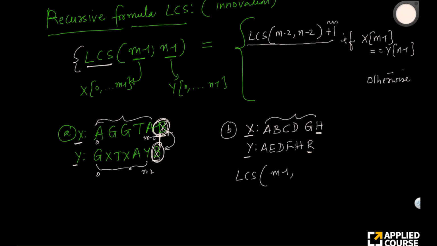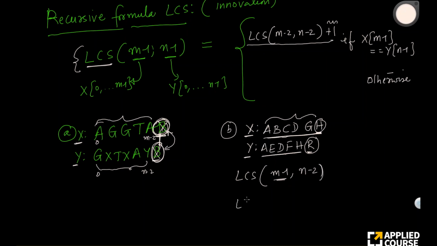Because they both are not matching, I can try to match X, the whole length of X, to the length of Y except the last character, because anyway the last characters are not matching. Look at this. H and R are not matching. So what I'll try to do now is match X, the whole length of X, from 0 to M minus 1, with Y from 0 to N minus 2. I'll try to find this.